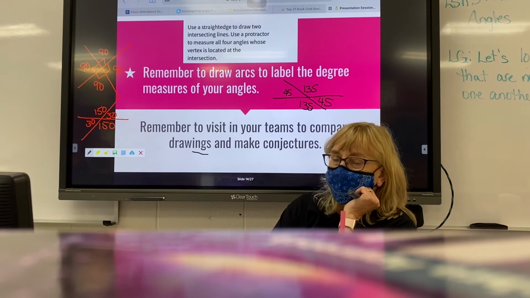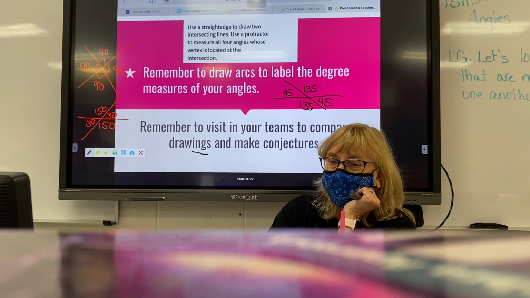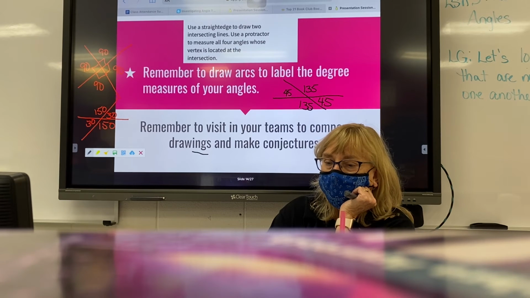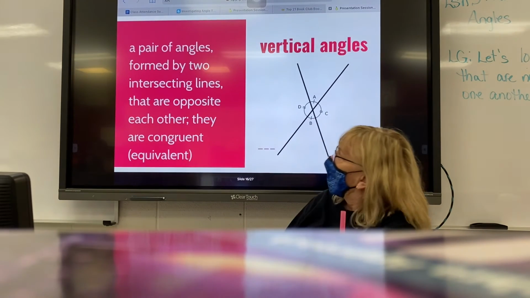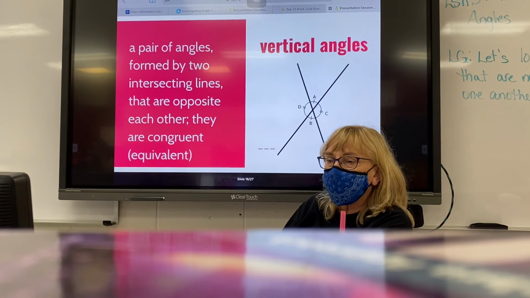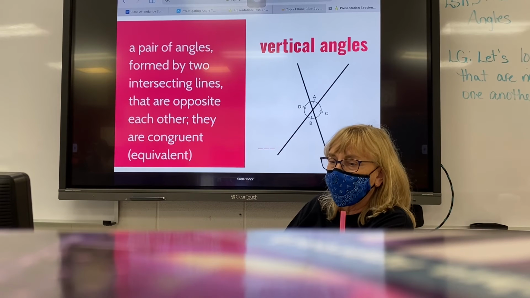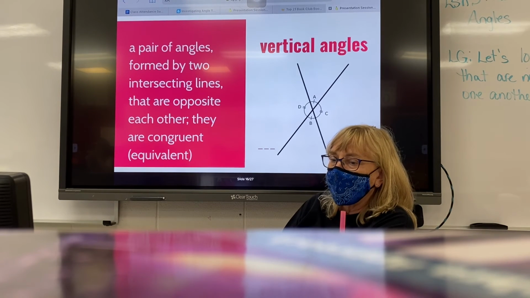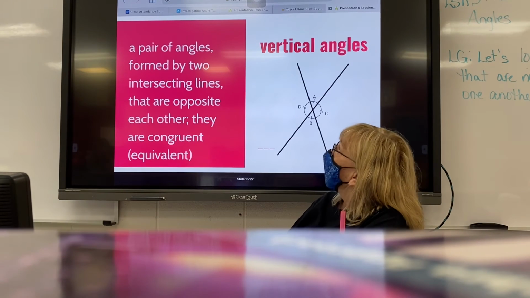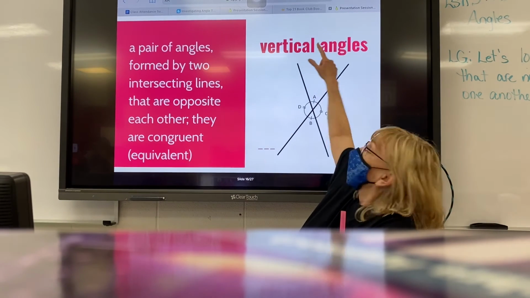All right, so a pair of angles formed by two intersecting lines that are opposite each other are congruent, and they are called vertical angles.